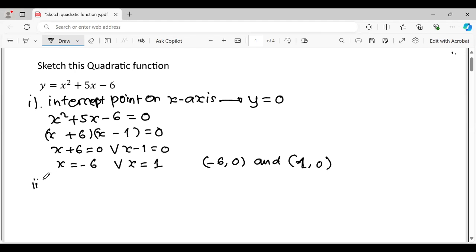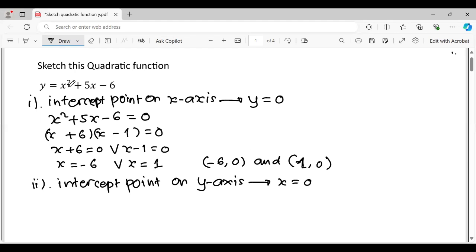The second step, find the intercept point on the y-axis. X equals 0.